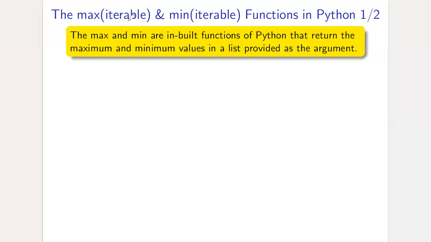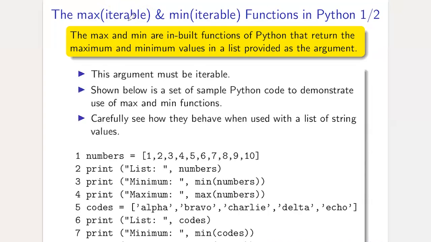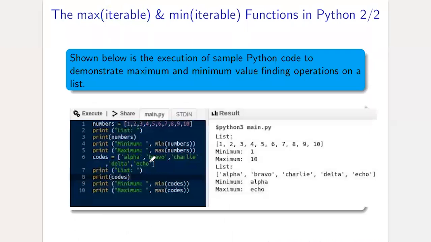So this is especially useful for numerical values and values which are in a particular alphabet, like strings. So I have a running example here, one for numbers and one for strings. Okay, let's see how it behaves.